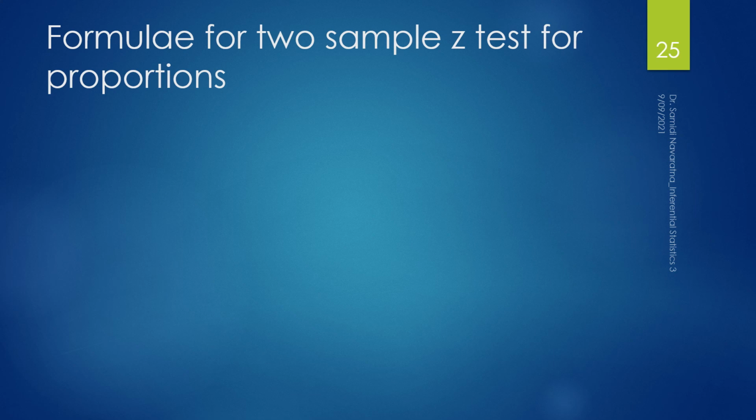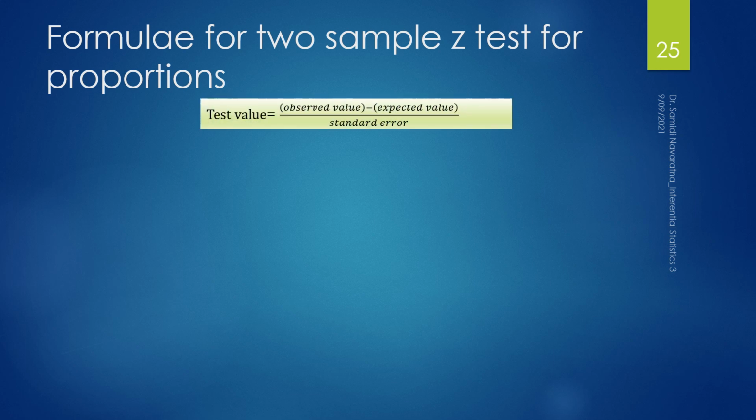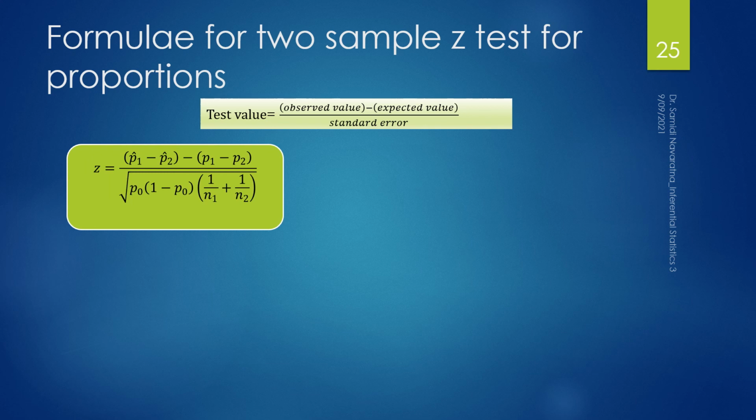Formulae for two-sample Z test for proportions also follow the same common format. Test value equals observed value minus expected value divided by the standard error. We have already learned how to calculate the standard error for the difference between two proportions, and this is the equation for the test statistic.